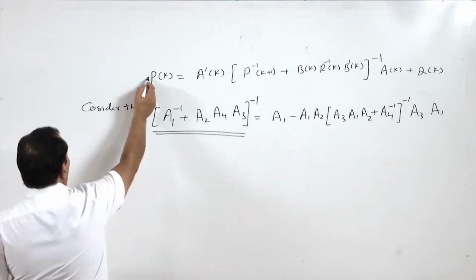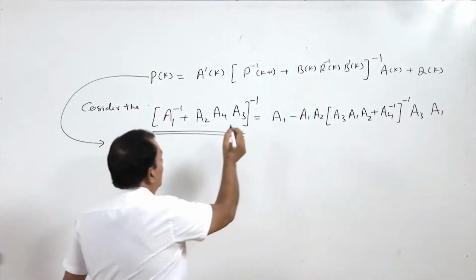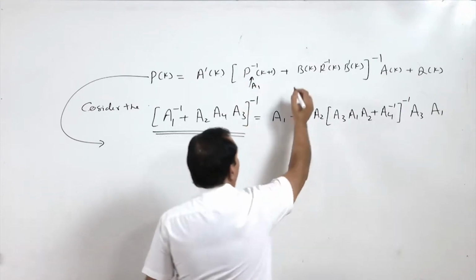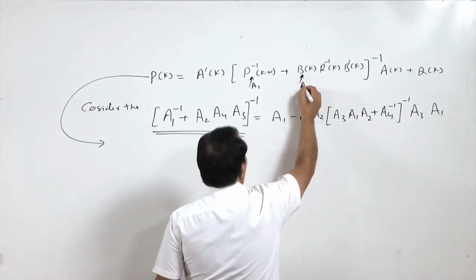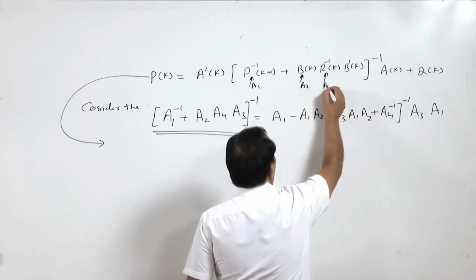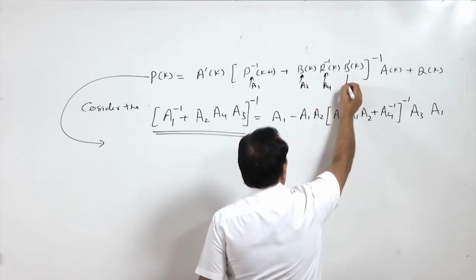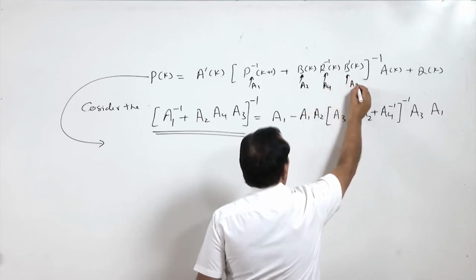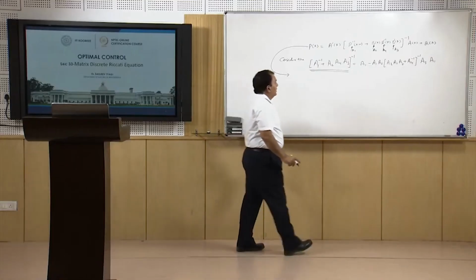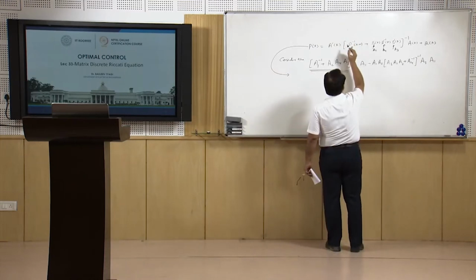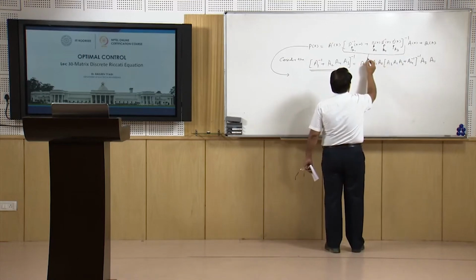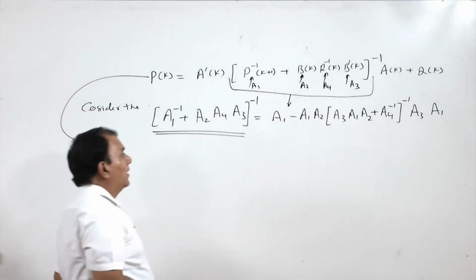So, in my Riccati equation, I consider this P matrix to be A1, B I take as my A2, R inverse I take as my A4, and B prime k I take as my A3. So, this particular term can be expanded using this matrix identity.